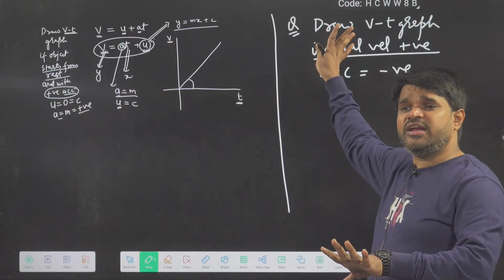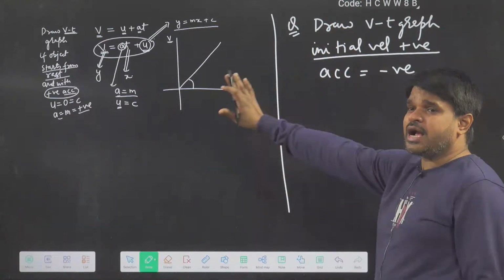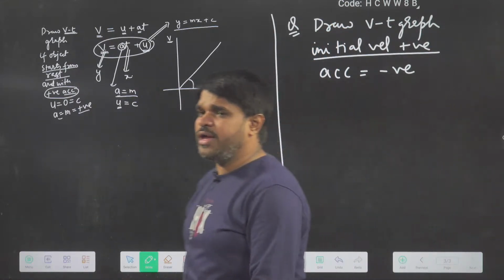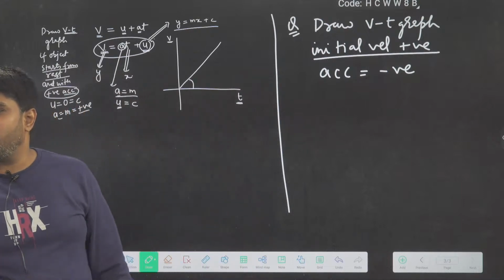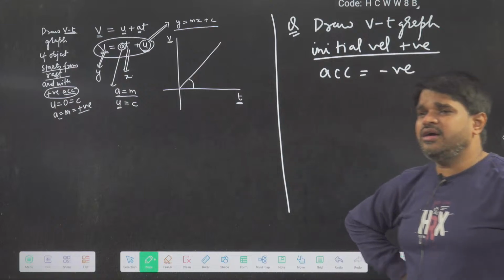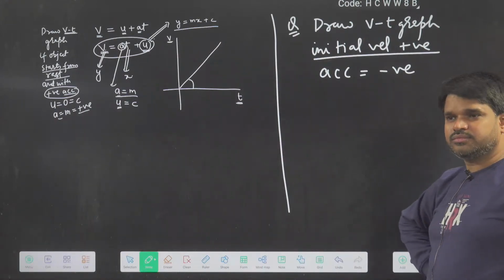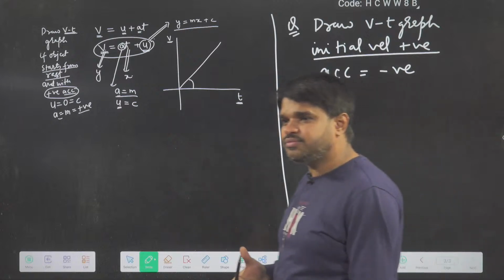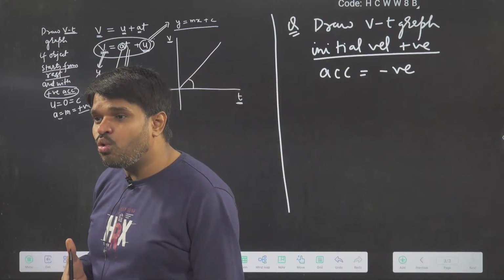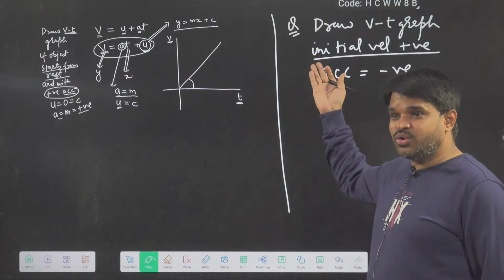Don't overthink the physical part of this. Just see the equation, compare and draw the graph. Initial velocity positive and acceleration negative. Draw, everyone.